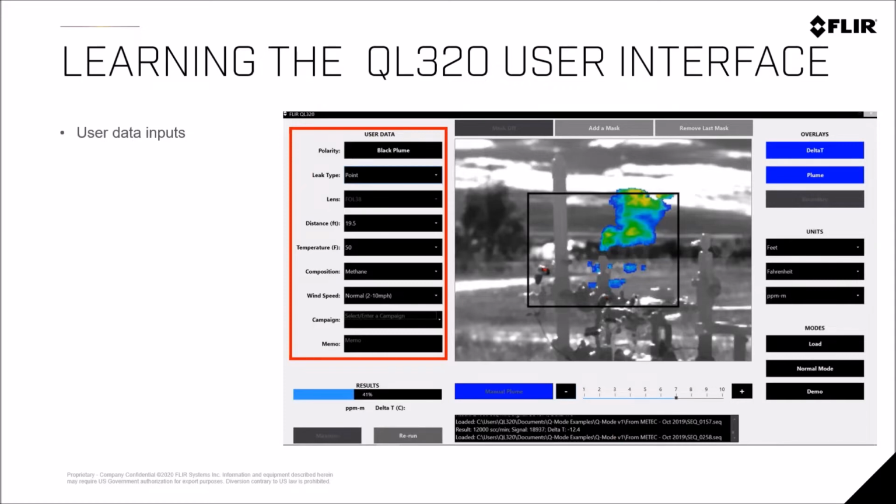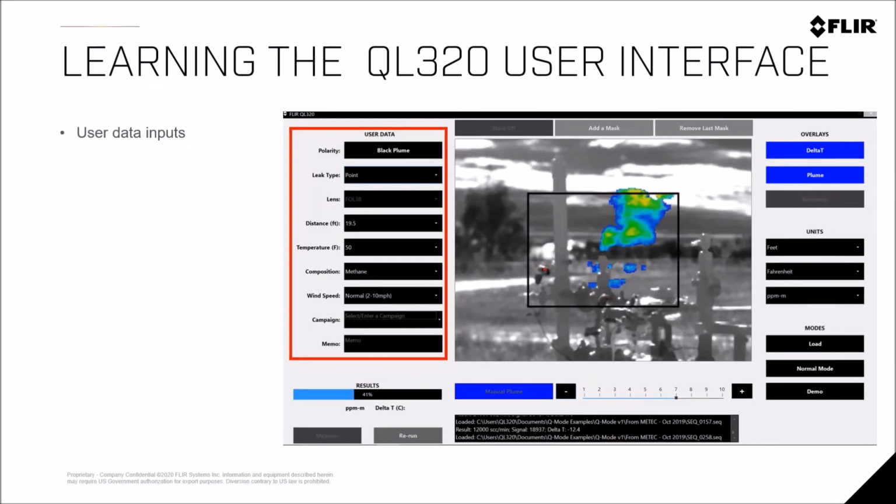You will need to put in the primary composition. As I mentioned, there are times where you may have multiple compositions. A lot of times your end users, your customers, will know what's in that pipe and roughly what percentage of things it is, so you would put the primary composition in there. We also have the capability to post-process the data with multi-composition if you need extremely accurate data.